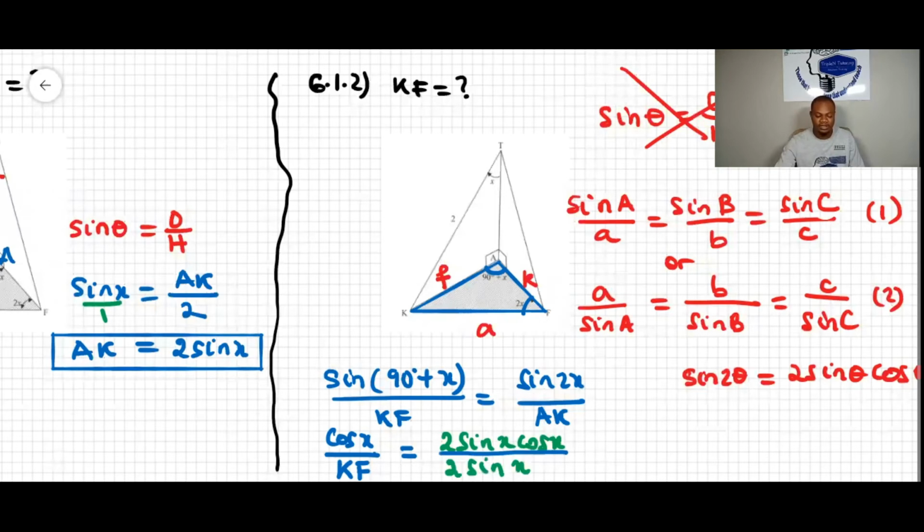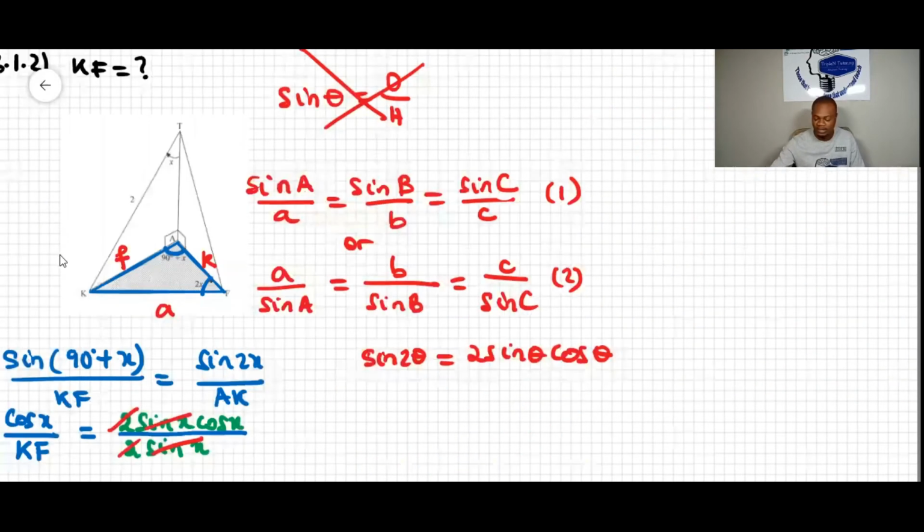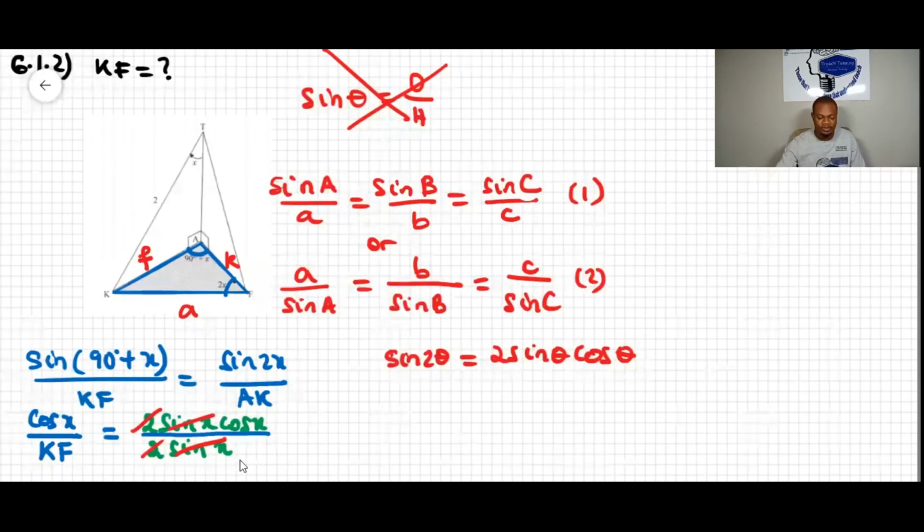Now we can simplify the fraction over here. We can cross the 2 with the 2, and then the sine x and the sine x. Which means that this will be cos x over KF equal to cos x. Now cos x is like cos x over 1. We can cross match.